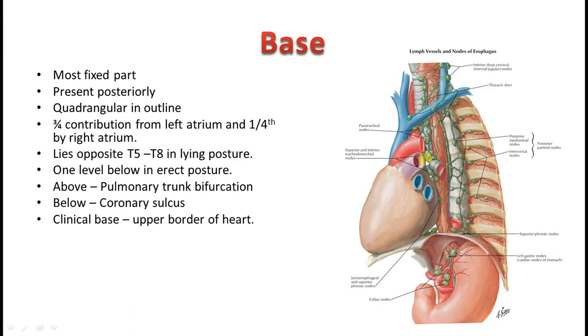It is actually the serous pericardium, and between the two layers of the serous pericardium the oblique sinus is present. We have discussed this extensively, so I am not going to discuss much on this in this session. Then you have the fibrous pericardium.